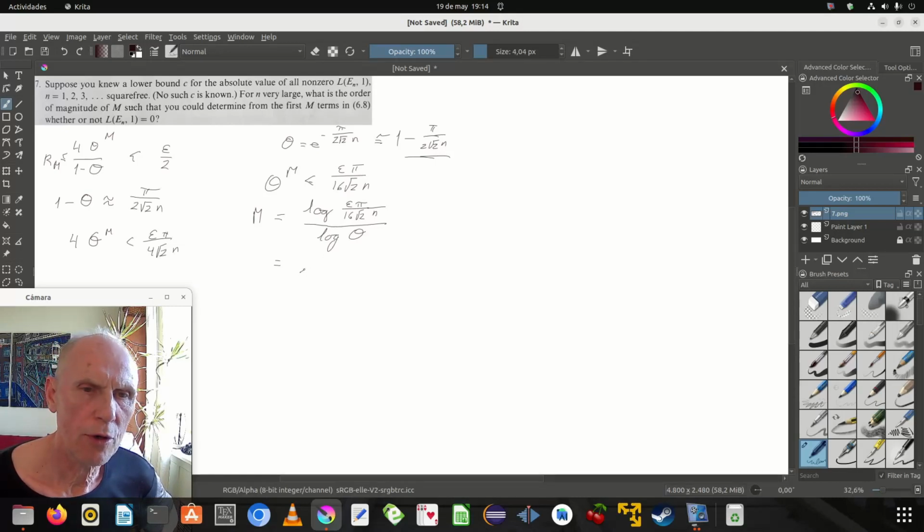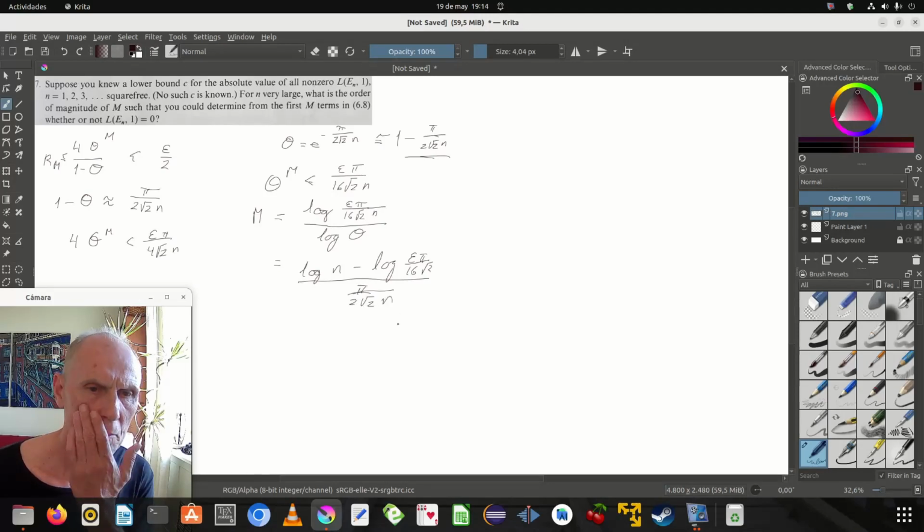So it's the logarithm of n minus the logarithm of epsilon pi divided by 16 square root 2 divided by pi divided by 2 square root 2n.